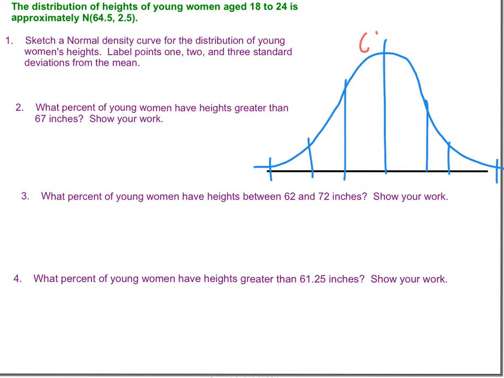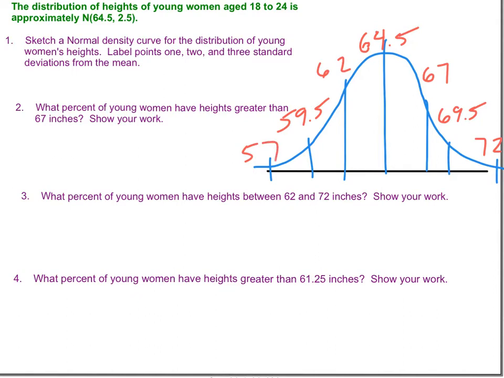I normally put these below, but space-wise I like it up here. And a standard deviation of 2.5, which means there's 1 above, 2 above, and oh yes, 3 above. And below, 62, 59.5, and 57. Okay, the units being inches.